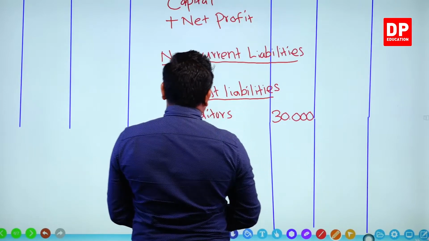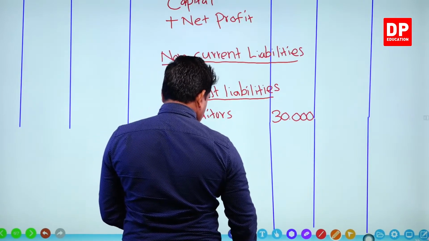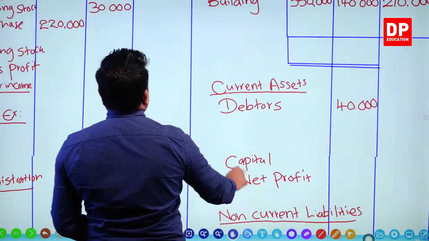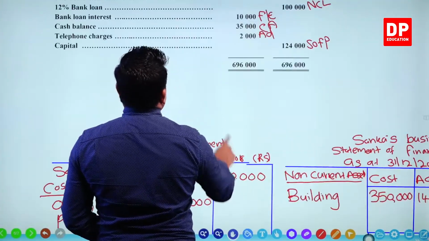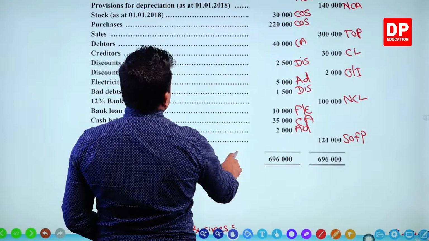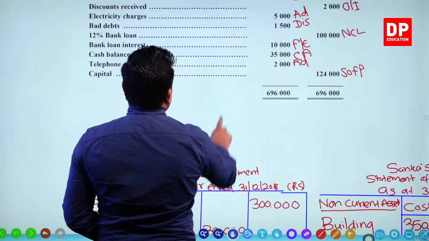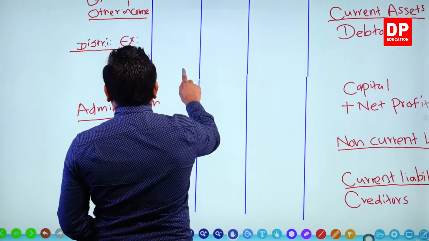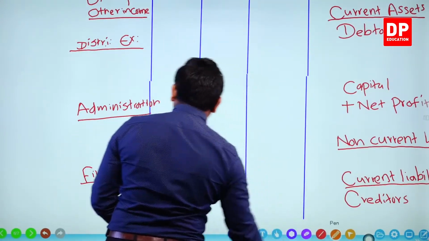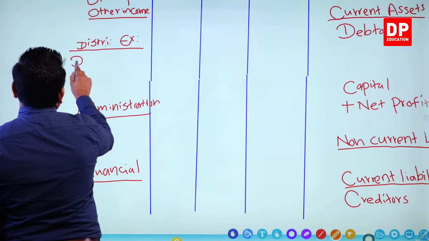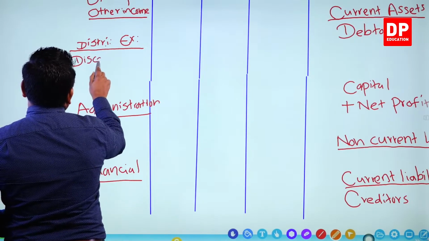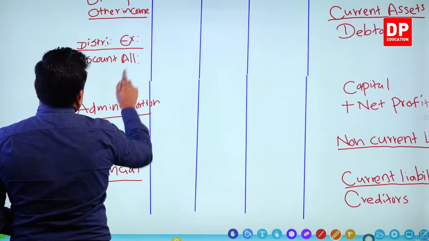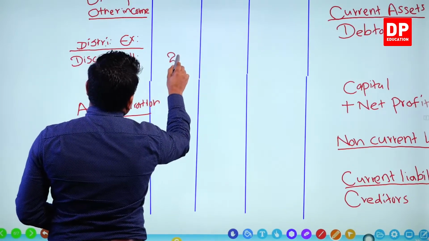Then what's the other one? Discount allowed. See, is this the discount allowed 2,500? Check it again. Yeah, discount allowed 2,500.